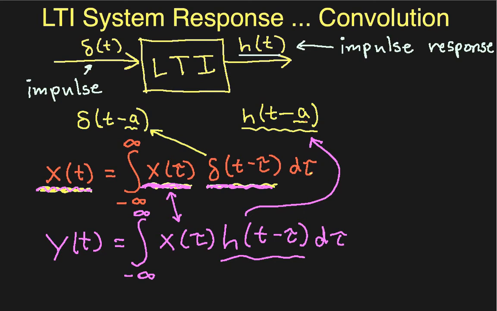So this integral, where I have x of tau times h of t minus tau, and I'm integrating from minus infinity to infinity, where tau is my variable of integration, occurs often enough that we give it a special symbol.